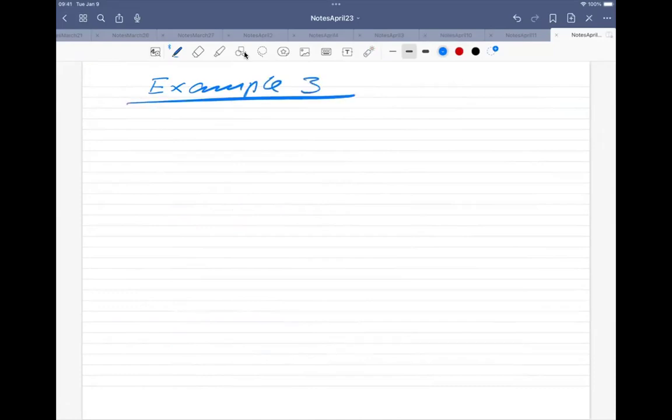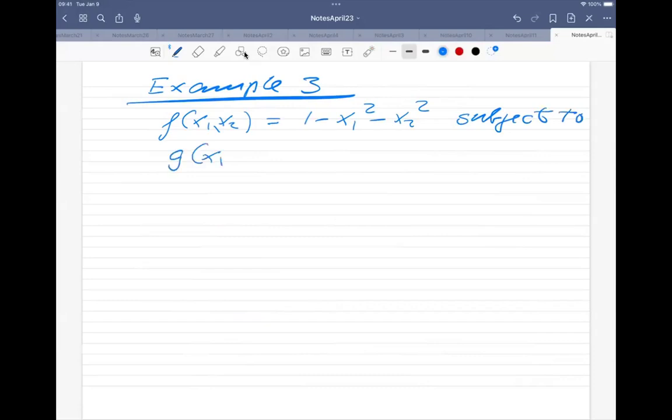In this particular example, we could now set up a function of x1 and x2, which is now given by 1 minus x1 squared minus x2 squared. And then we could have a constraint, subject to g of x1, x2 equal to x1 minus 1.